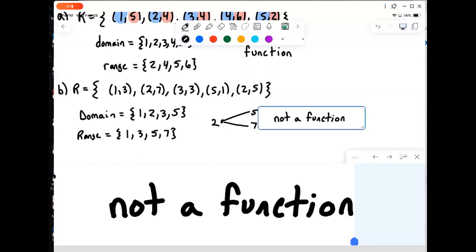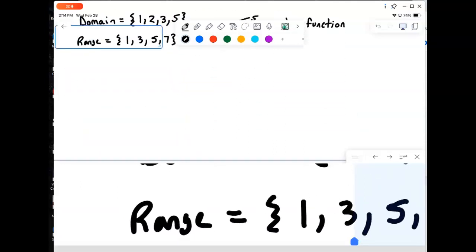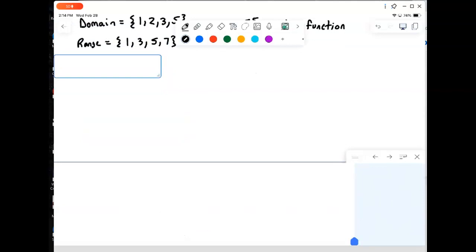Okay, so that's with a list there, checking from a list whether something is a function, also kind of understanding this idea of domain and range. Now we turn from a list like that to what we're really going to be dealing with, which are equations and graphs.